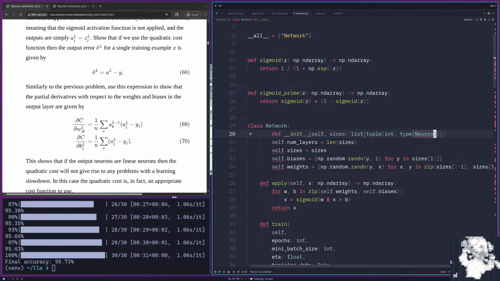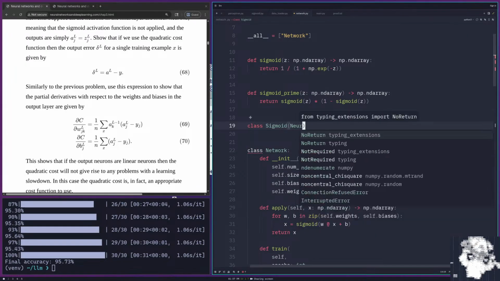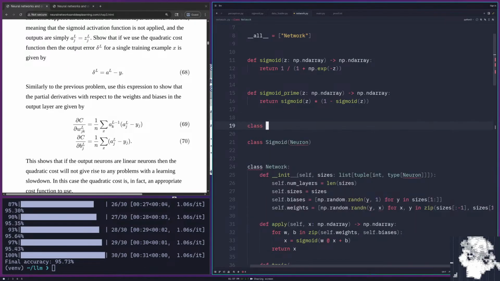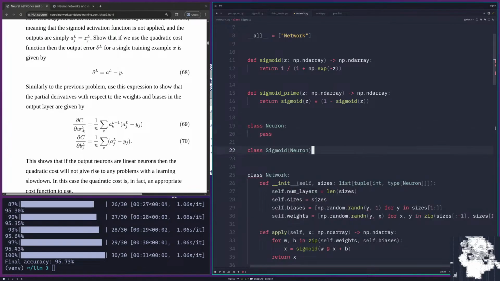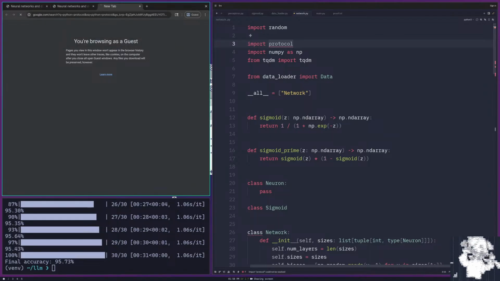Oops. So let's do class Sigmoid is a neuron. Class Neuron is nothing. It's just, well, actually, it won't be nothing. Let's use this fancy thing from Python called protocols, which I'm not sure how to use.